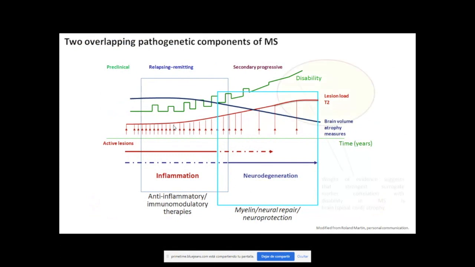We also know, according to many studies published in the last 15 to 20 years, that probably the best tool to assess this neurodegenerative component is by assessing the brain volume, which is a marker of brain atrophy. And we also know that this measure correlates quite strongly with the disability worsening that characterizes this disease.